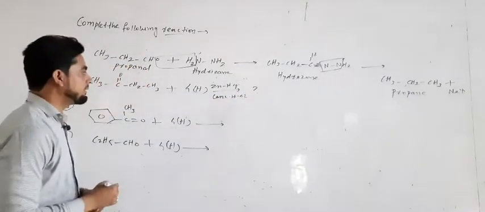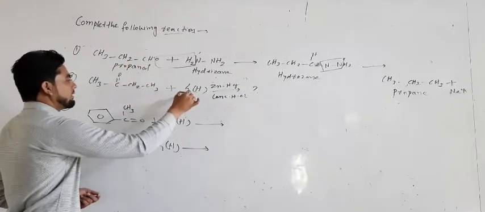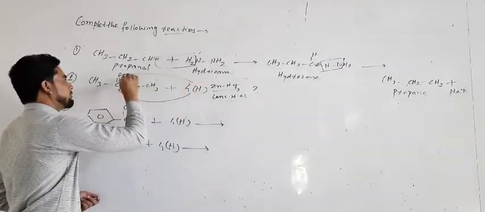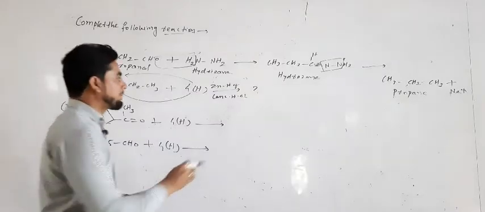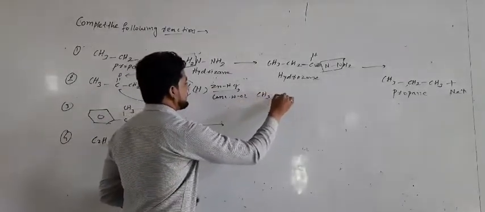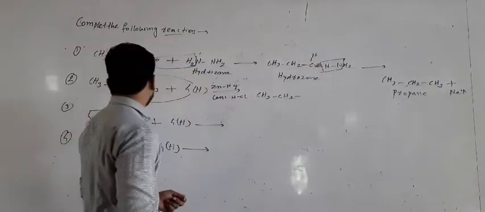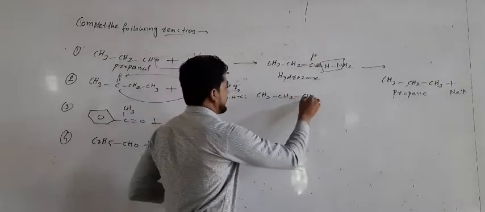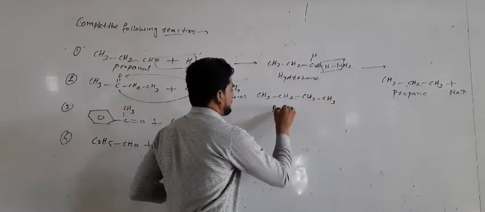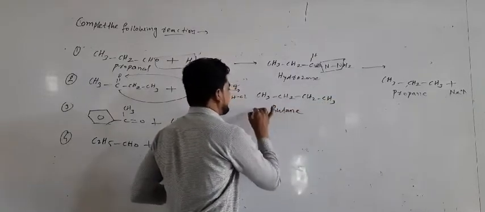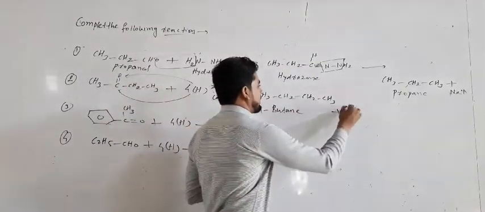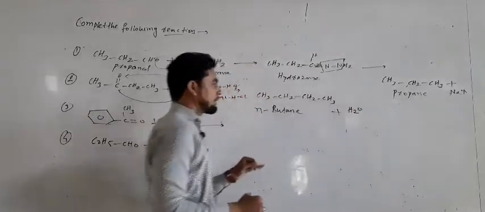So we get the answer: these 2 hydrogens are directly bonded to this carbon and the remaining 2 hydrogens are attached to oxygen, and we get the byproduct water. Now first we get the product CH3CH2, then CH2, and then CH3. How many carbons? 4 carbons is called a member of the alkane, butane. We take N-butane, the normal chain called N-butane, and the loss of a water molecule. Clear, beta?